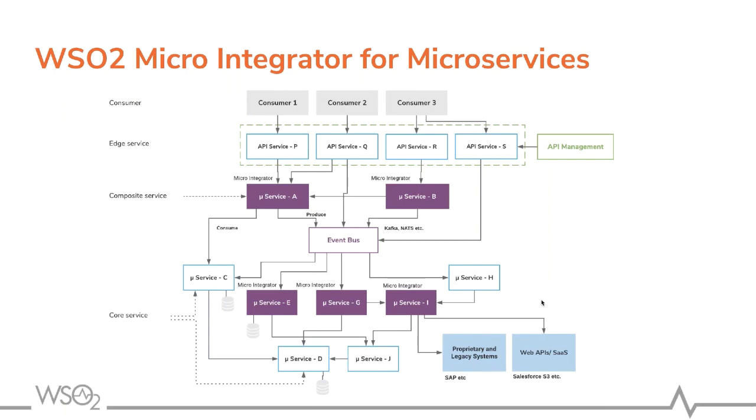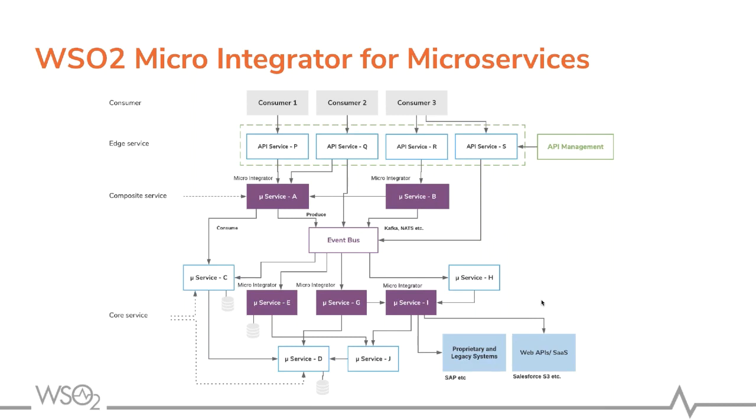Let me tell you how the micro integrator fits into the world of microservices. In the microservices architecture, you would have small services communicating over lightweight protocols, each running autonomously. If you're a company that is moving from the traditional SOA architecture to microservices, you would still have some proprietary and legacy systems, or maybe cloud applications that need to be integrated.